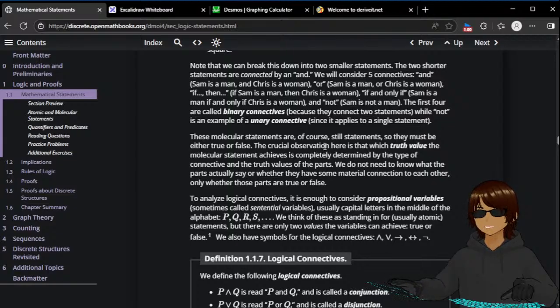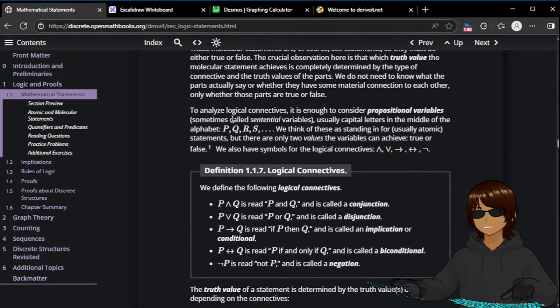These molecular statements are, of course, still statements, so they must be either true or false. The crucial observation here is that which truth value the molecular statement achieves is completely determined by the type of connective and the truth values of the parts. You do not need to know what the parts actually say or whether they have some material connection to each other.